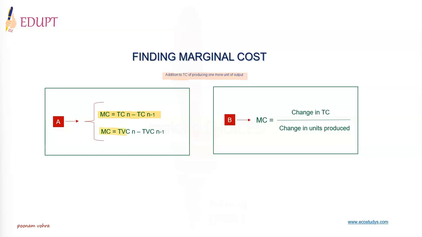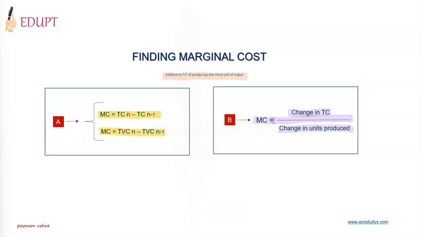Marginal cost is equal to total variable cost of n minus total variable cost of n minus 1 unit. And 3. Marginal cost is equal to change in total cost divided by change in units produced.